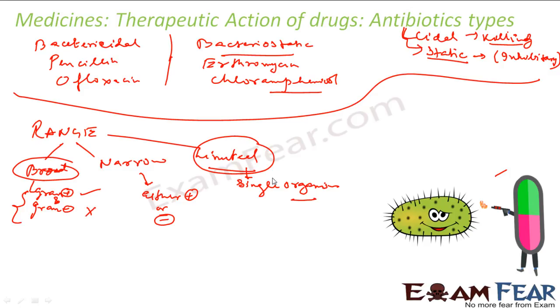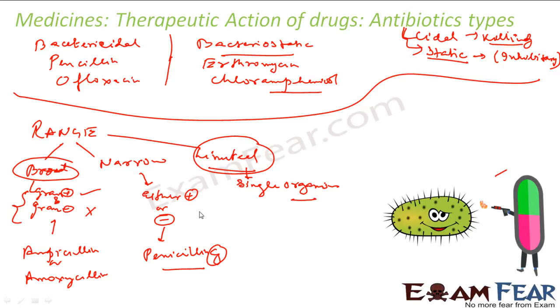If you take some examples, penicillin G is narrow spectrum. Correct? For broad spectrum, I have ampicillin or amoxicillin. They are broad spectrum. Correct? So these are some examples.